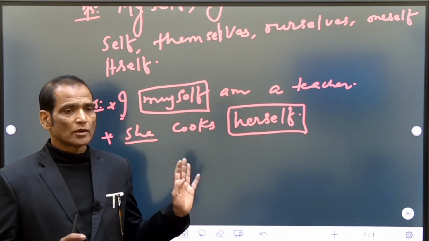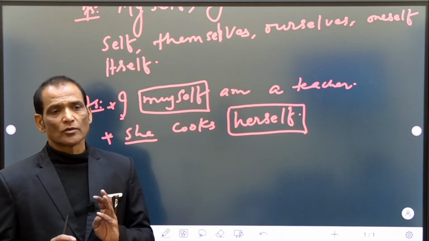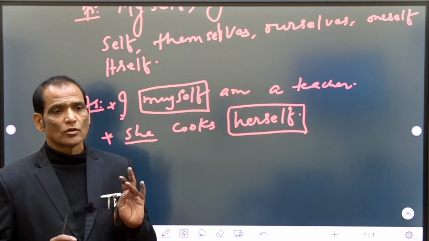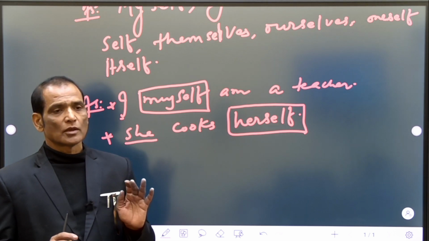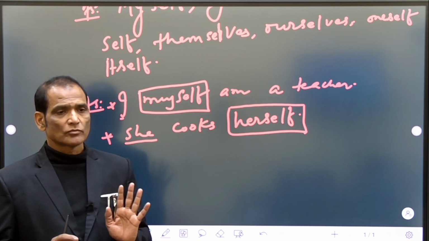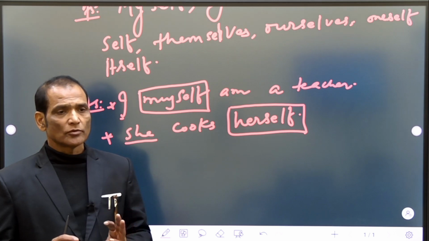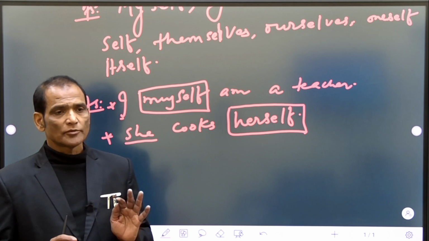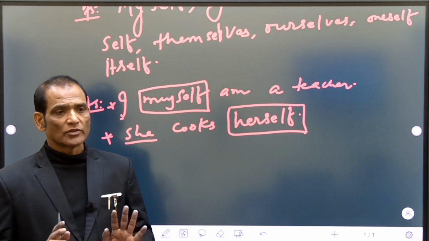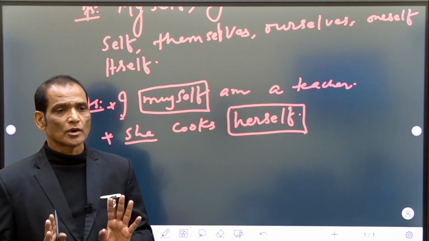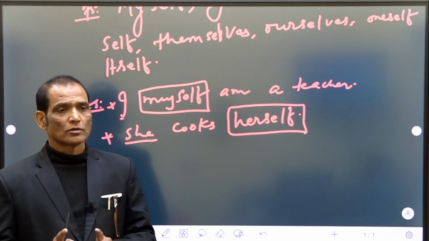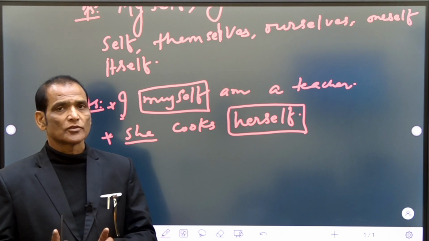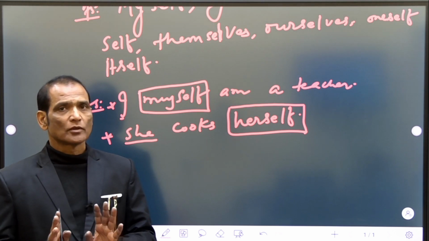You simply learn that we have 4 forms of pronouns: nominative pronouns, objective pronouns, possessive pronouns, and reflexive pronouns. A pronoun is found in 4 forms, and these forms are called cases.